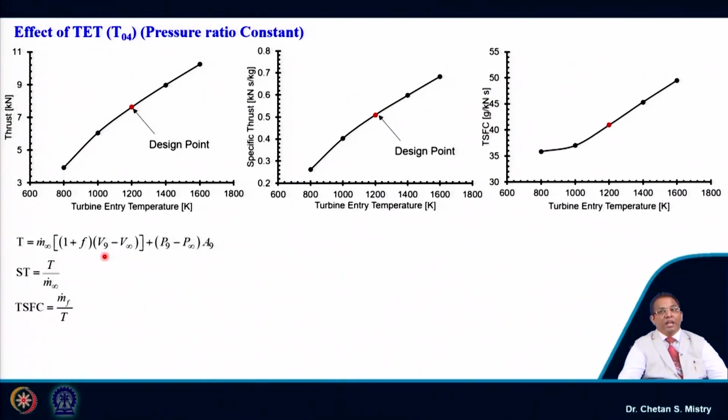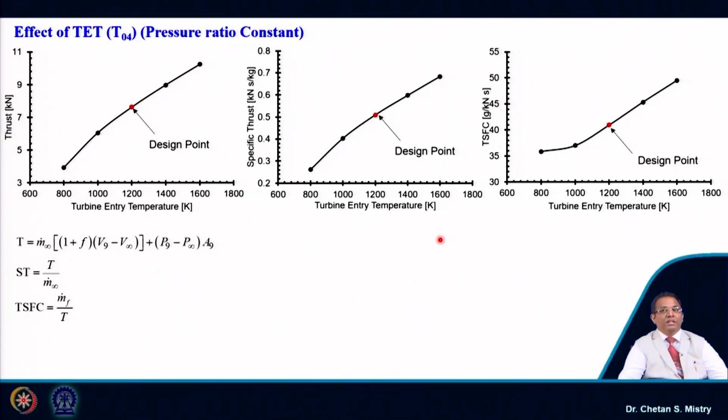My next parameter is my thrust specific fuel consumption. If we compare with the previous chart, here the scenario will be different. What is the scenario? When I want to raise my turbine entry temperature, I need to add more fuel, and that is the reason why with increasing my turbine entry temperature, my fuel consumption will be higher.